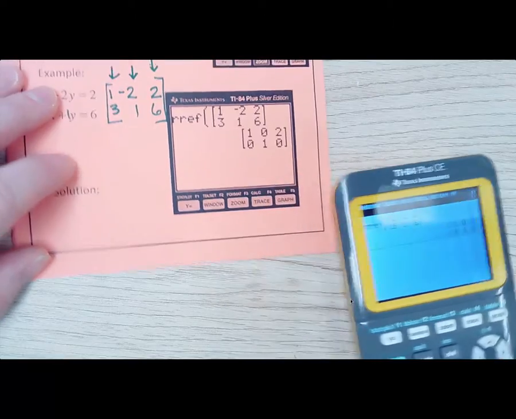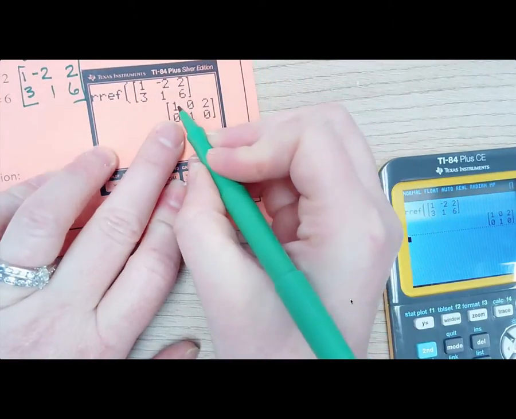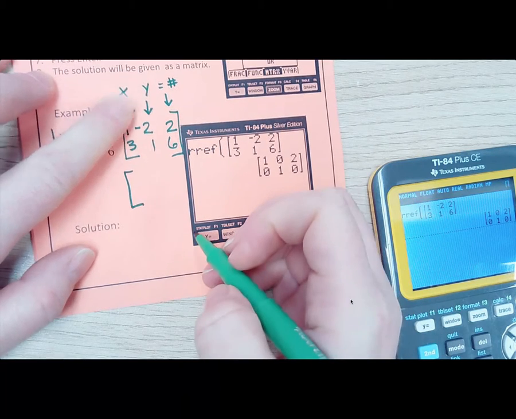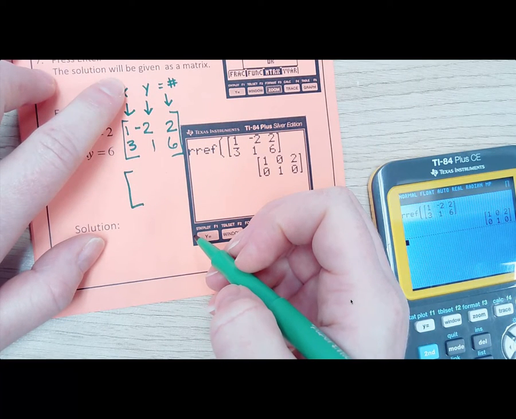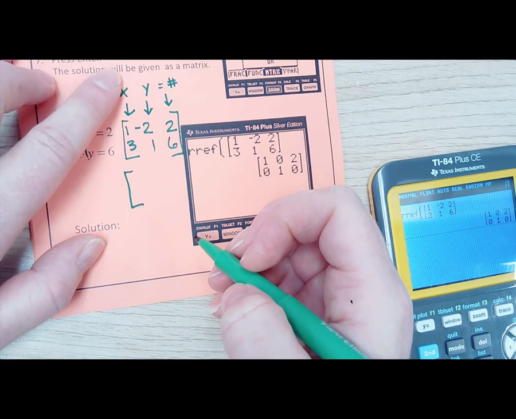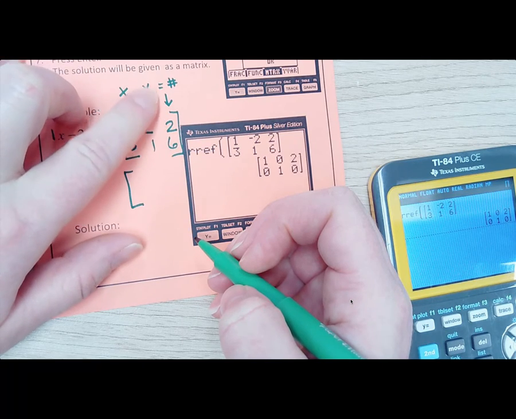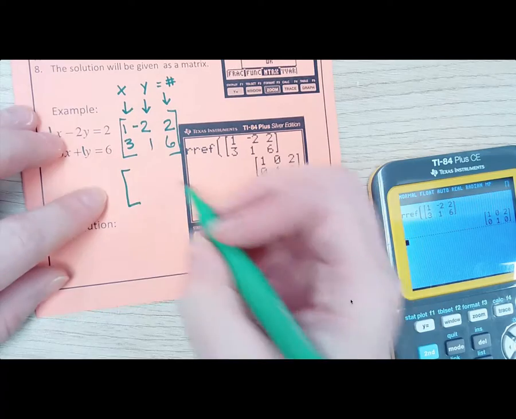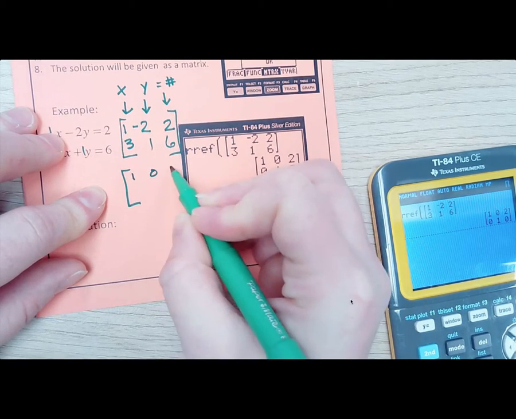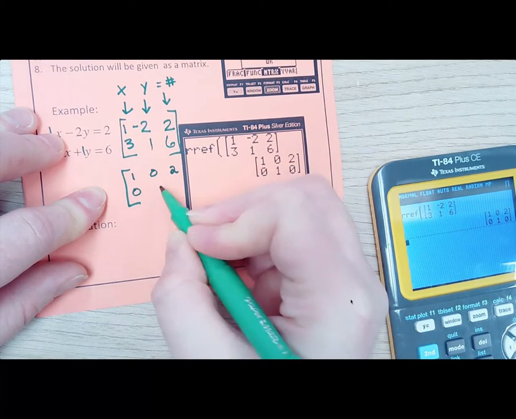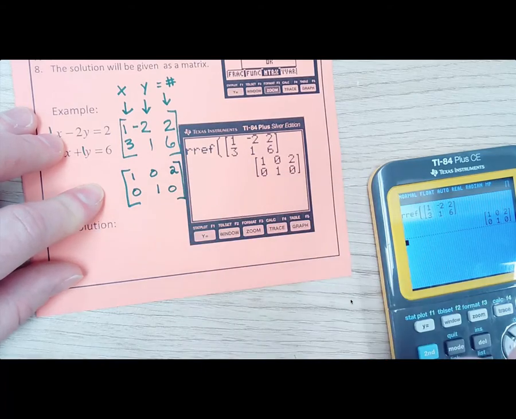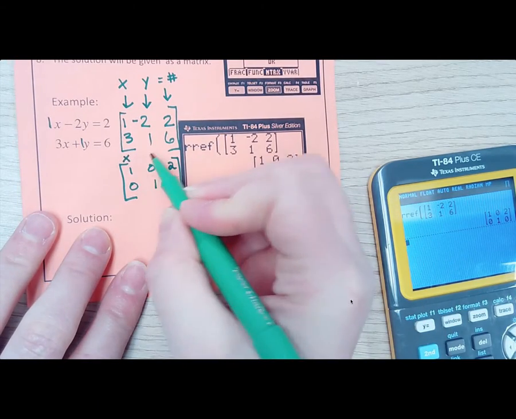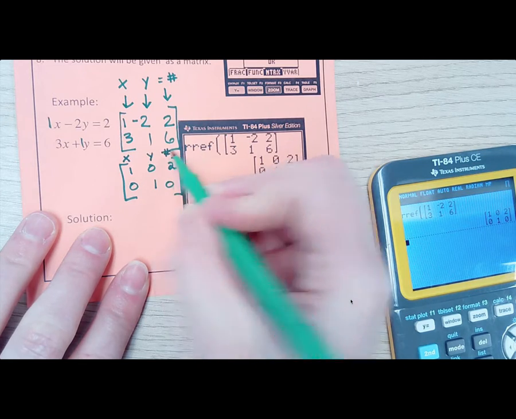Remember how we said the first column is x's, second column is y's, next column is equal the number. So if I have 1, 0, 2, and 0, 1, 0, then what that means is x, y, and then the number.